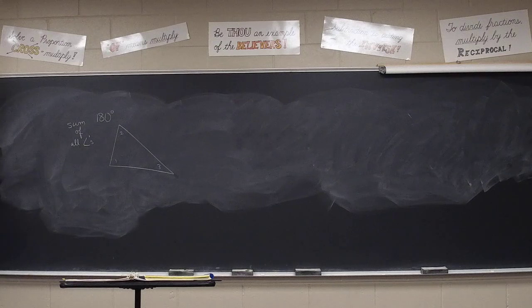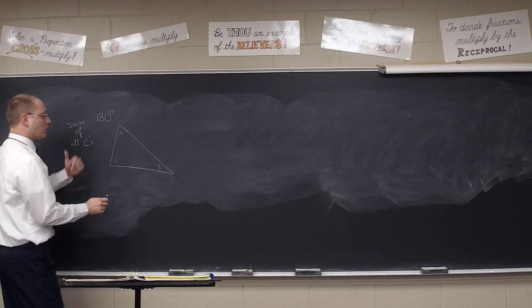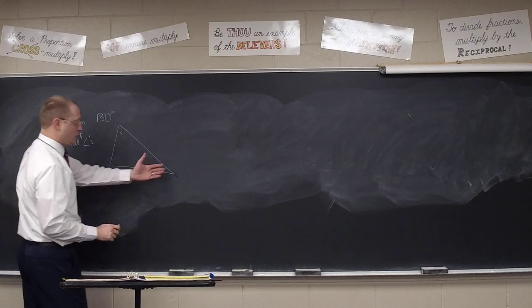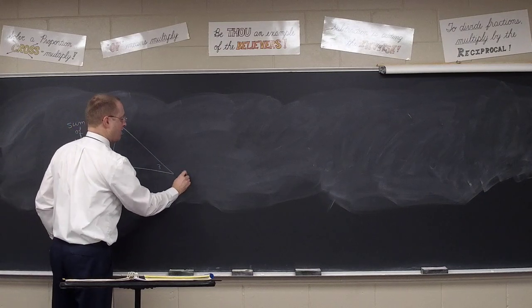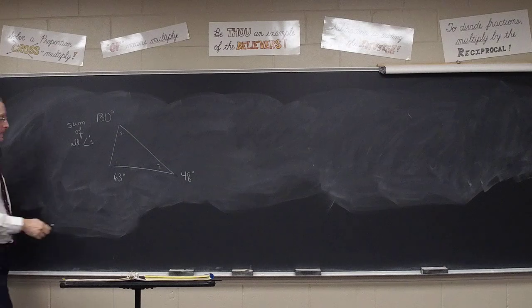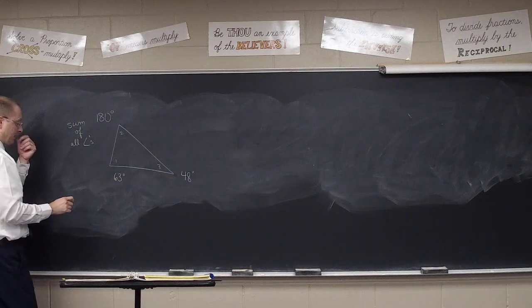And so if I knew 2 of the angles, for instance, if I knew that angle 1 was, let's just say, 63 degrees, and I knew that angle 3 down here was, say, 48 degrees, what might I do to find angle 2, Michael? You would add the 2 degrees that you know, and then you would subtract them from 180.